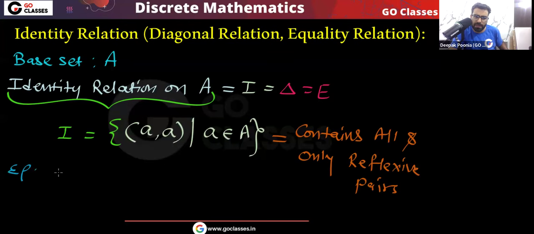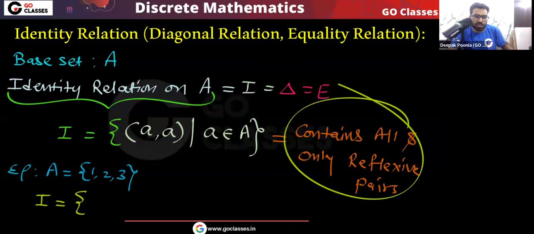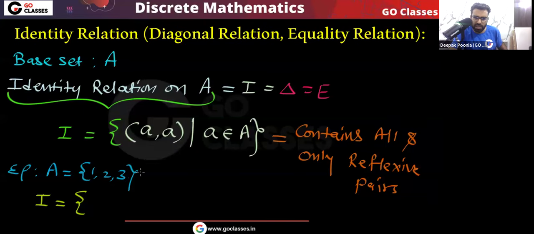For example, assume that our base set A has elements 1 to 3, three elements in the base set. Then what will be the identity relation on this base set A? That will contain all and only reflexive pairs. For every element in the base set, the ordered pair (a, a) will belong to the identity relation. So (1,1) will belong to the identity relation, (2,2), (3,3).